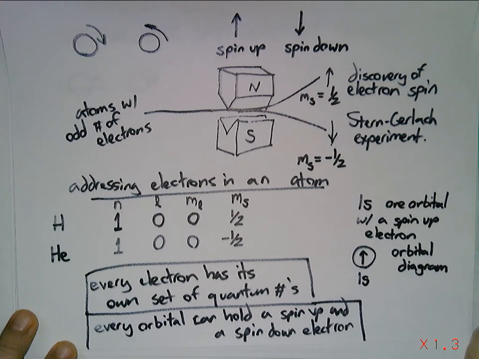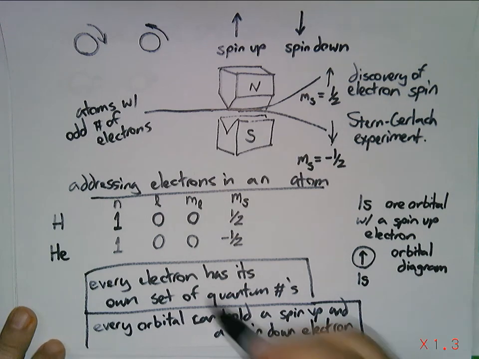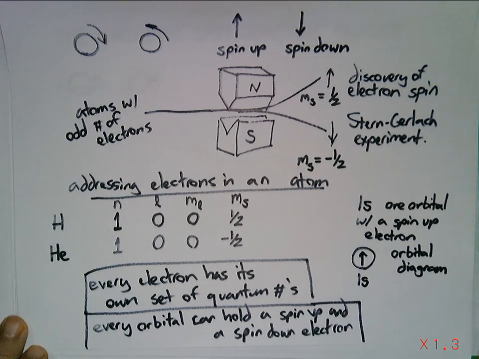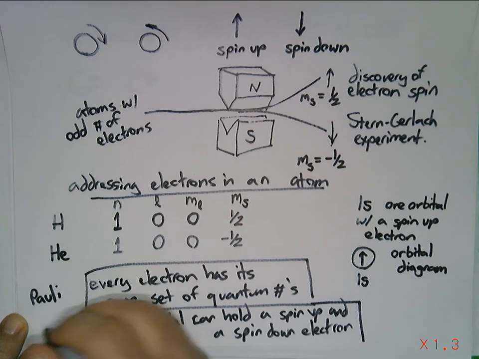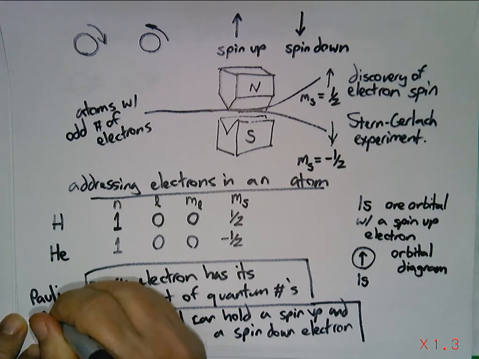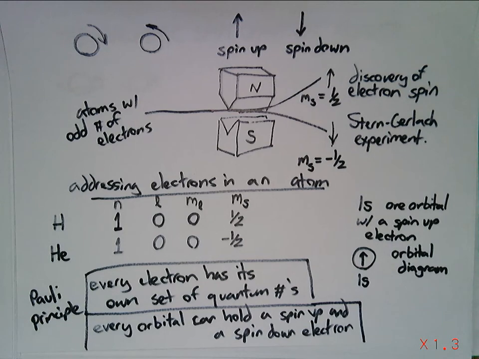So there's a total of 2 electrons that you can fit into an orbital. These 2 statements are called the Pauli principle. I would know that name. It's referred to by that name.